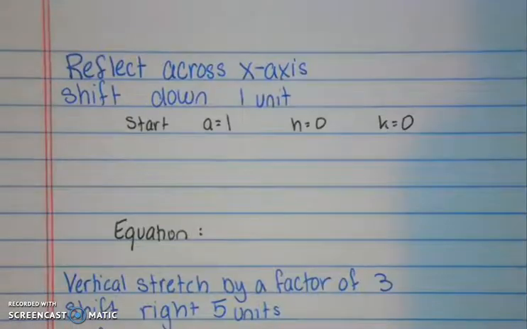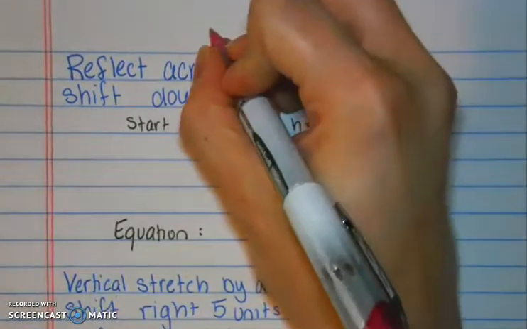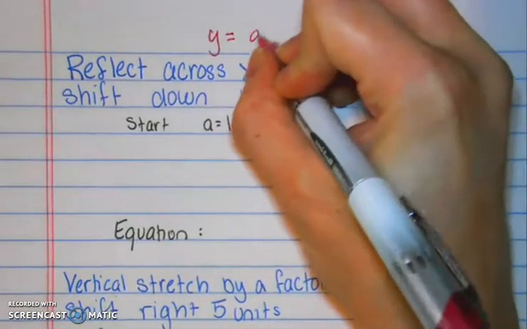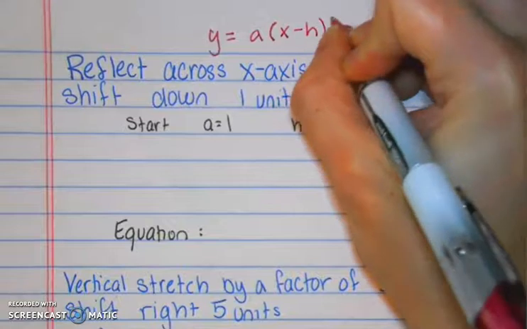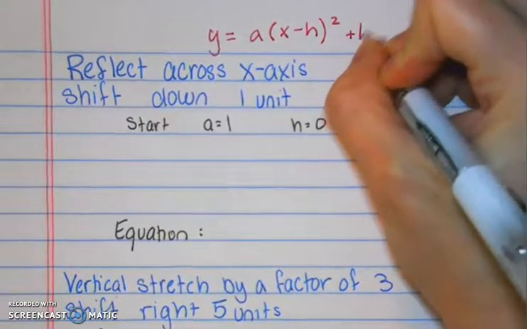In the last part of this video lesson, we will talk about how we can write an equation in vertex form when we know some of the transformations. So I want to remind you, our equation in vertex form is y equals a times (x minus h) squared plus k.